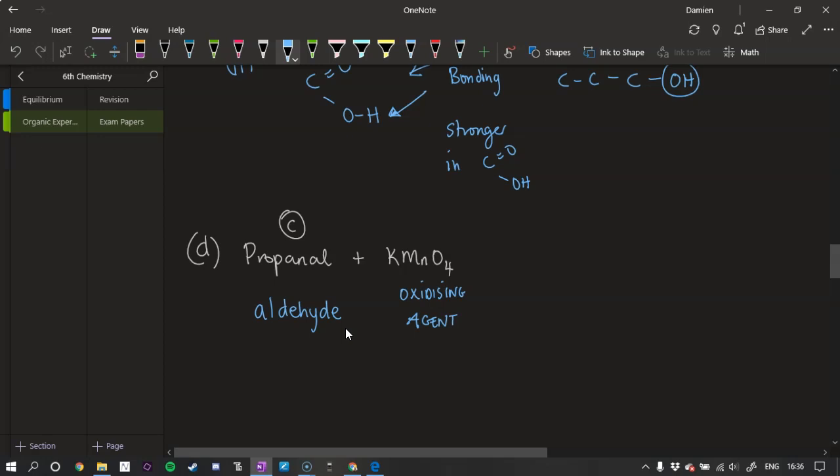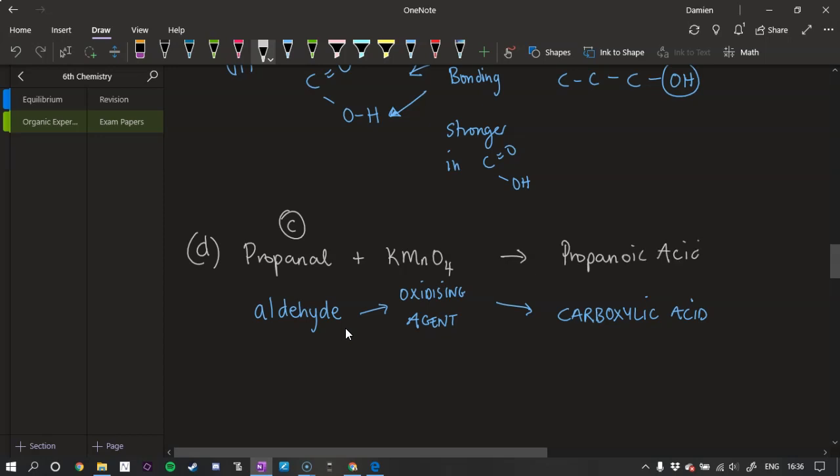So if you have gone over the previous video, you should know that an aldehyde, when it's oxidized, will produce a carboxylic acid. So obviously, if it's propanal that's being reacted, you're going to form the carboxylic acid version of it, which is going to be propanoic acid.